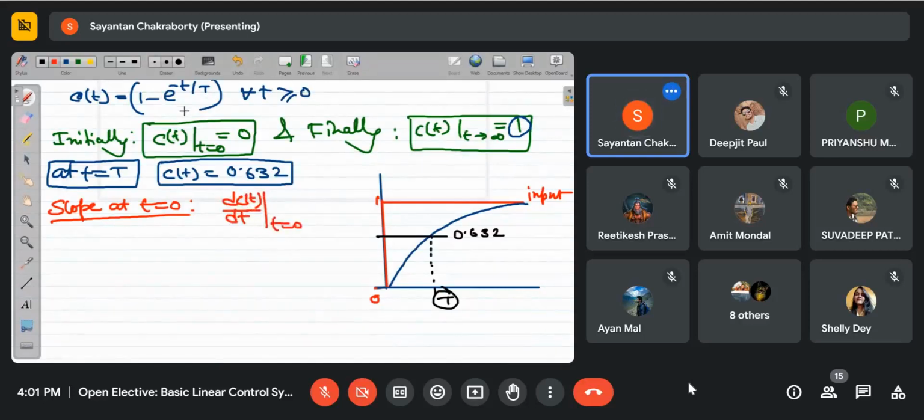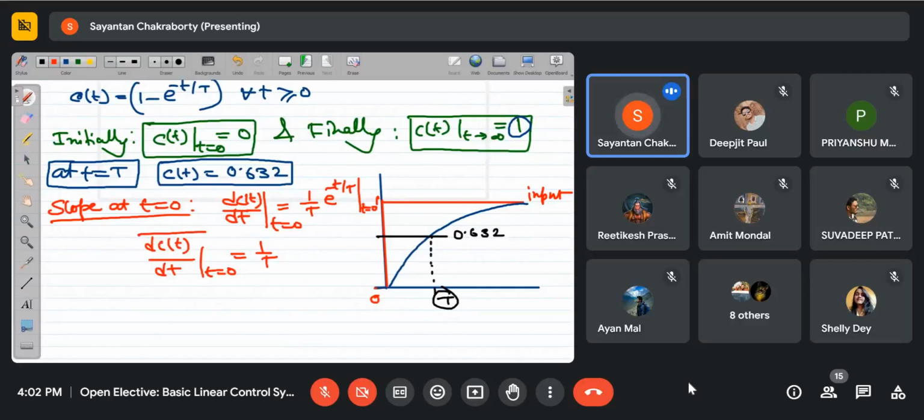If you calculate it, it is 1 by T e to the power minus t by T, with t equal to 0. So substituting t equal to 0, the exponential becomes 1, and dc(t)/dt at t equal to 0 equals 1 by T. This is the maximum slope.